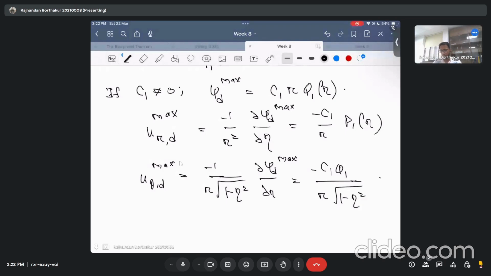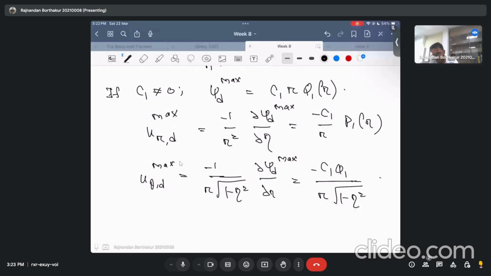I hope you can understand what I'm trying to say. So you can appreciate that if C1 is not equal to 0, then my U, that is U_r d max and U_theta d max, they decay as 1 by r.